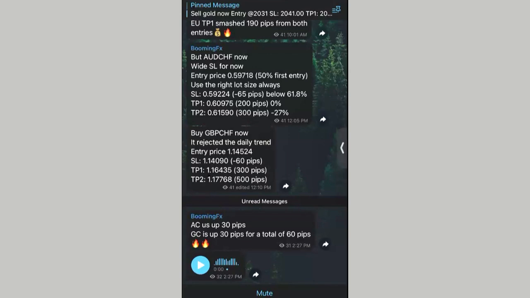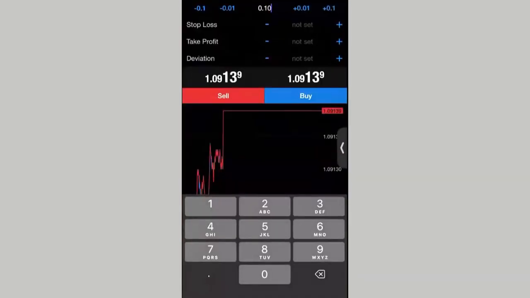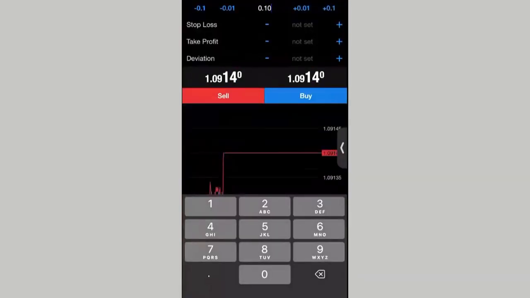So for that 0.10, $1 per pip, if you're risking 60 pips, you are risking $60. And if you have a 1.00, you'll be risking $600 for 60 pips because now you're risking $10 per pip.